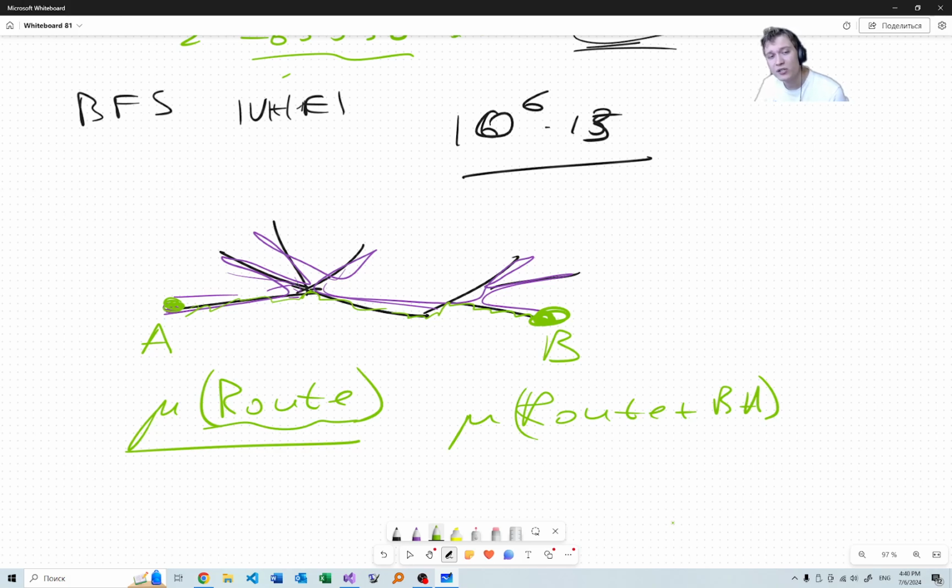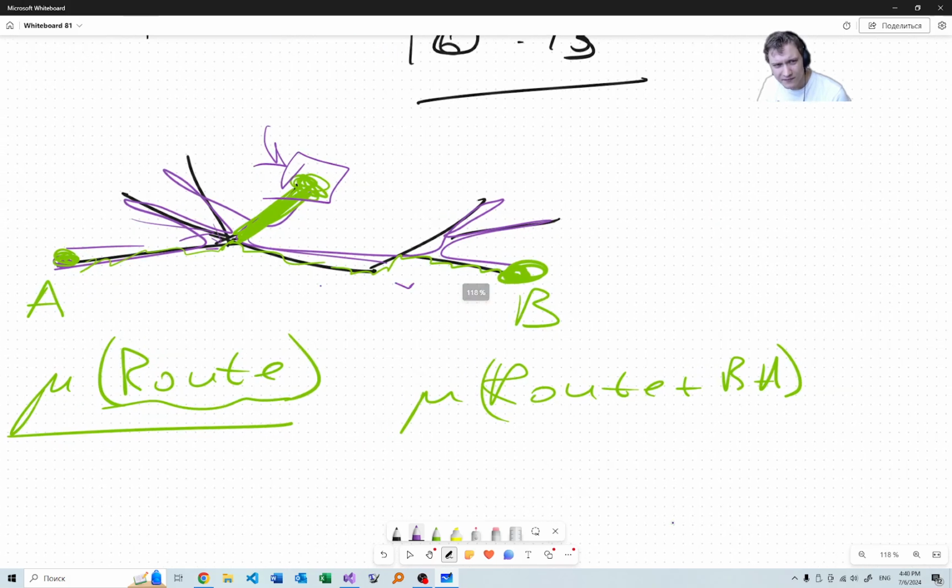But actually, you can notice that you have visited all edges, because if you did not go through some edge, then you couldn't visit the vertex which was on the other side of this edge. For example, if this is an edge, then this is your side of the vertex and this is the other side vertex, and you couldn't visit this vertex without going through this edge.